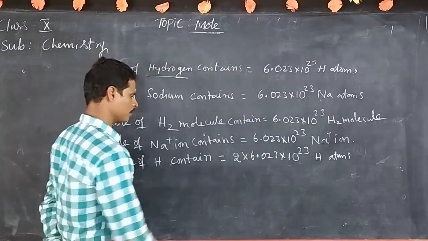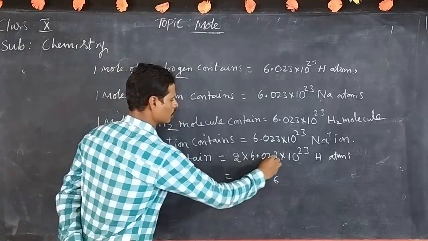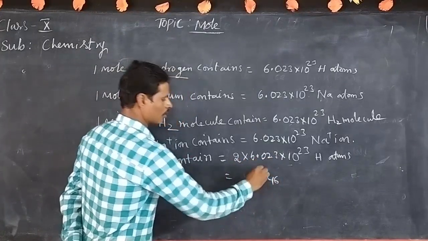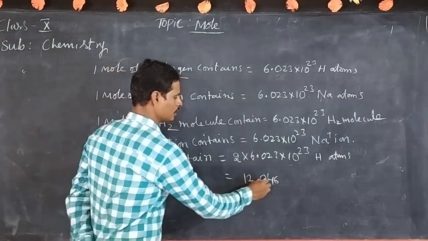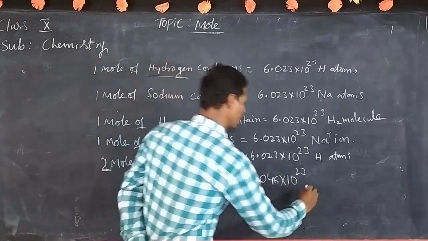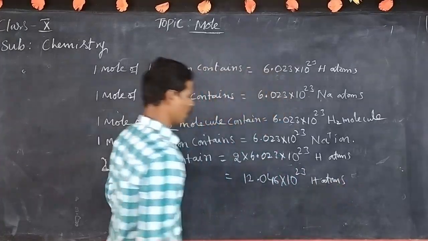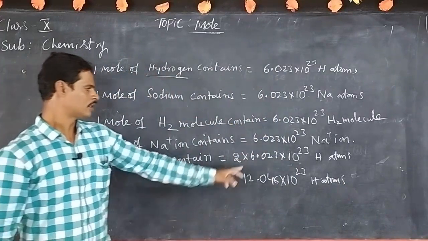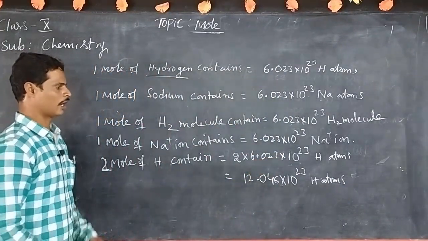What is the value? 2 threes are 6, 2 twos are 4, 2 into 0 is 0. Next, 2 sixes are 12. So 12.046 into 10 to the power 23 hydrogen atoms.